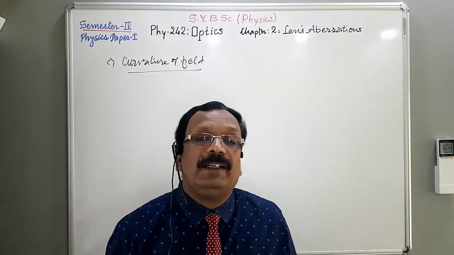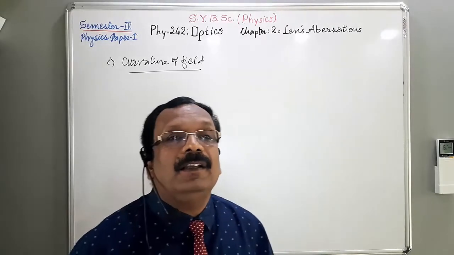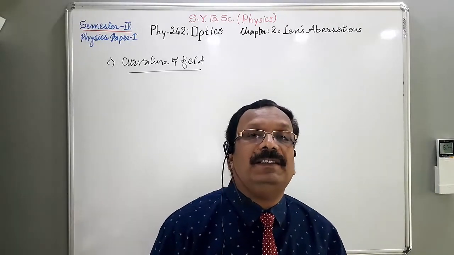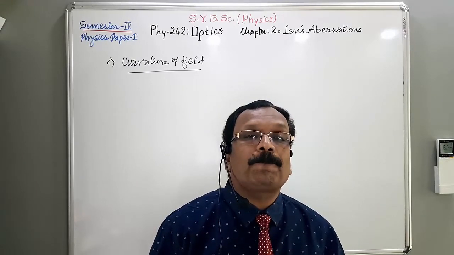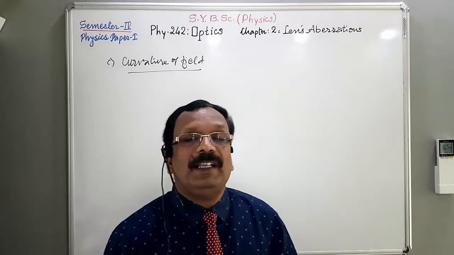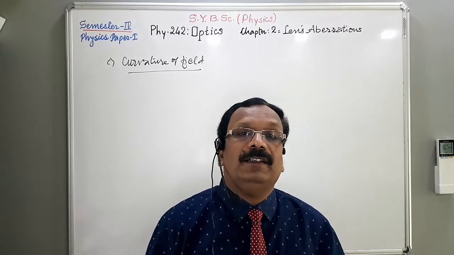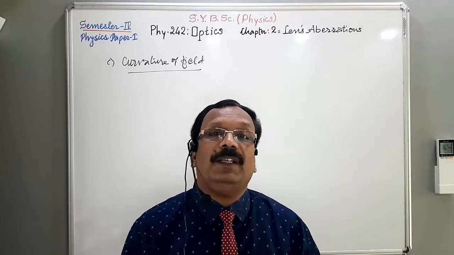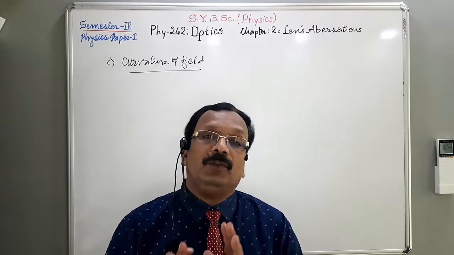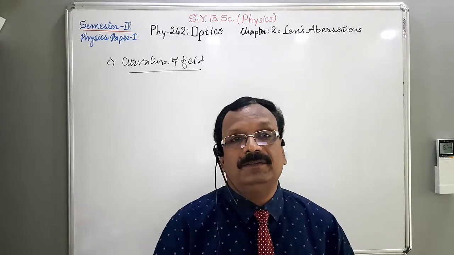I already told you that when we consider a concave or convex lens which is free from aberrations like chromatic aberration, spherical aberration and astigmatism, then such a lens is able to produce a point image of a point object.